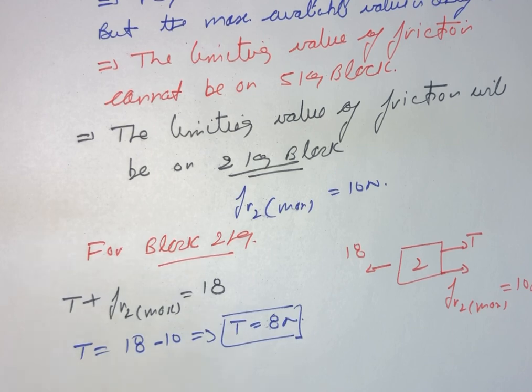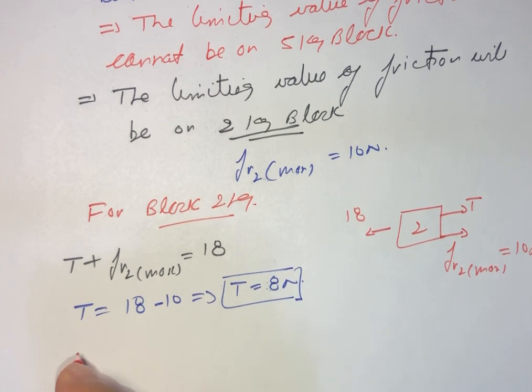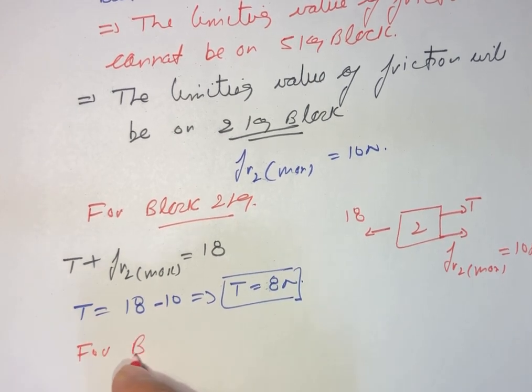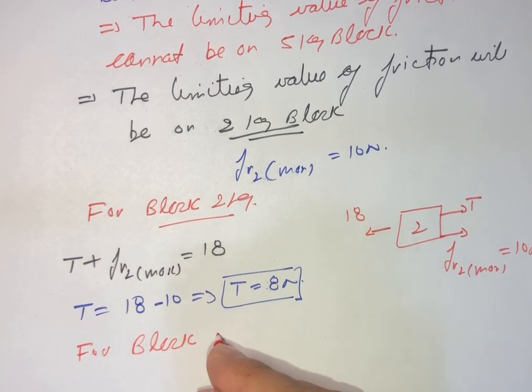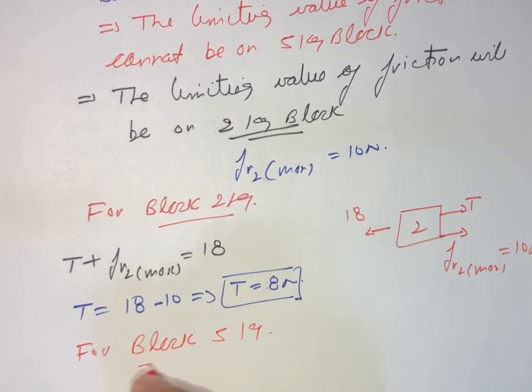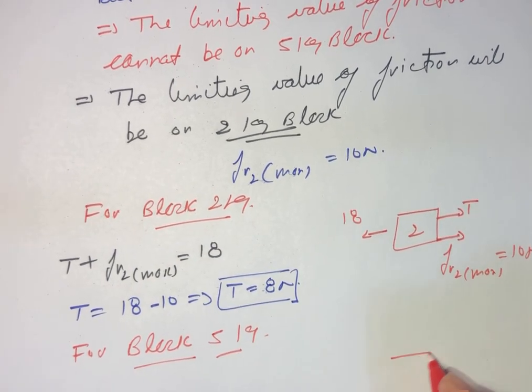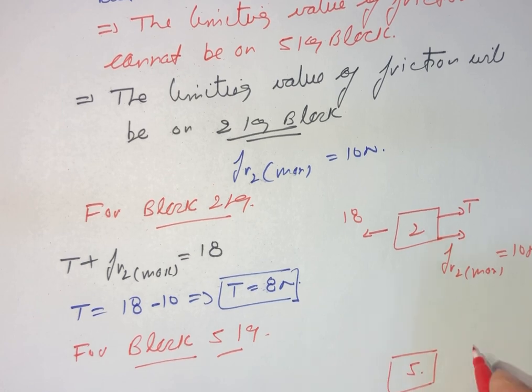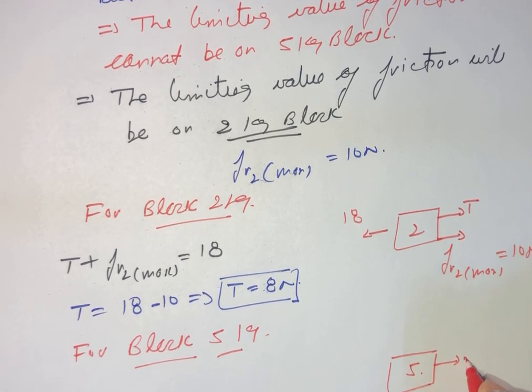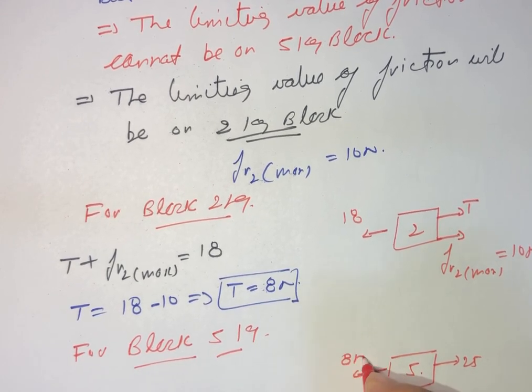Now we are going to once again evaluate it for block of 5 kg. This is our block of 5 kg, it is being applied a force of 25, and we have a tension T of 8 Newton, and let us find out what will be value of FR1.